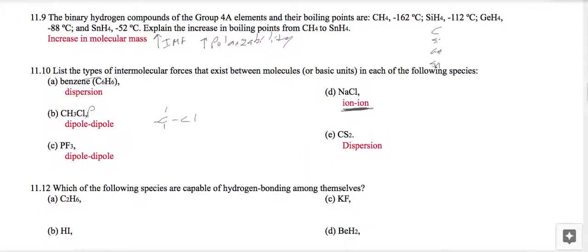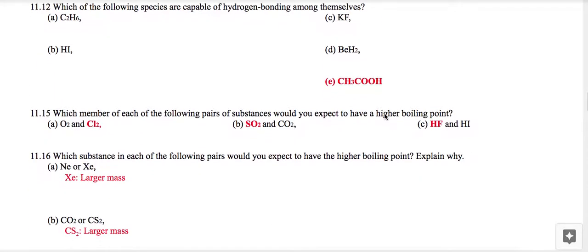All right, now we have some hydrogen bonding. The only one here that can go through hydrogen bonding is going to be this one here. None of the others have the bonds that are required. You have to identify first if those elements are in it and then if they are bonded correctly.